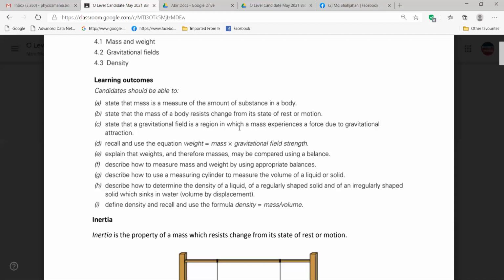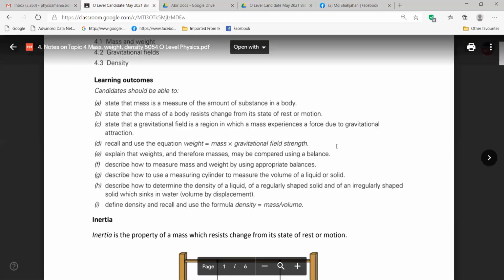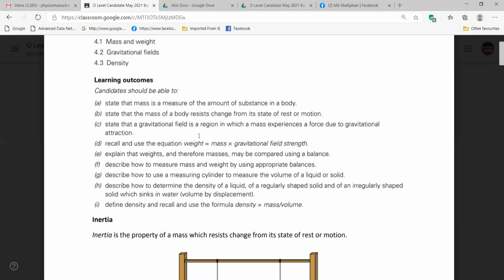At that time you will not feel any attraction towards the center of the Earth. You will just float, right? There is no gravity. So in that place you don't have any gravitational field working on you. But whenever you are coming into the range of that gravitational attraction, at that time you are feeling it, right? You are experiencing that force.